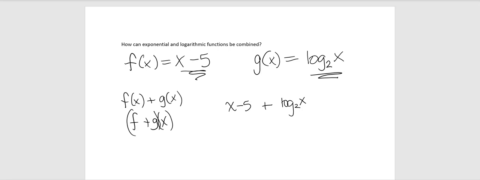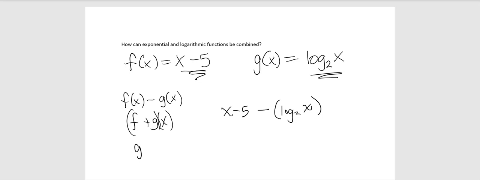We could also subtract. So if we were going to subtract the functions, f of x minus g of x, then that would be x minus 5 minus parentheses log base 2 of x.